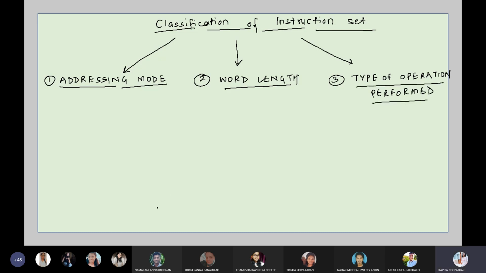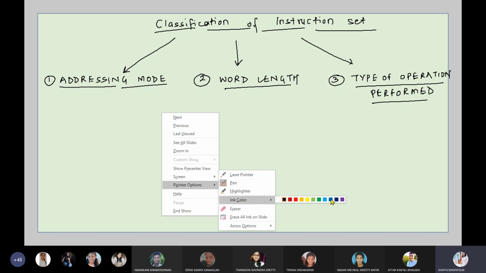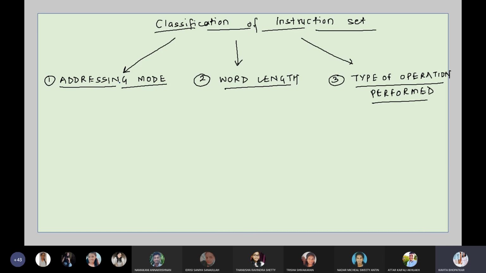Okay. So with respect to that, now let's see classification based upon addressing mode. Now there are 5 different types of addressing mode existing. First is direct addressing mode. Second is register addressing mode. Third is register indirect addressing mode. Fourth is immediate addressing mode.